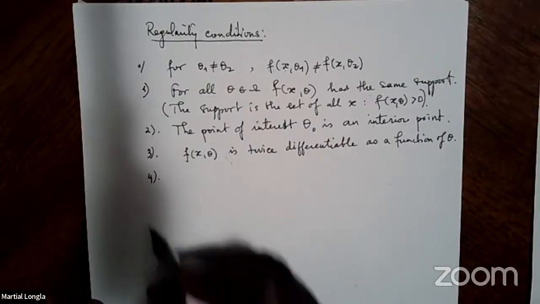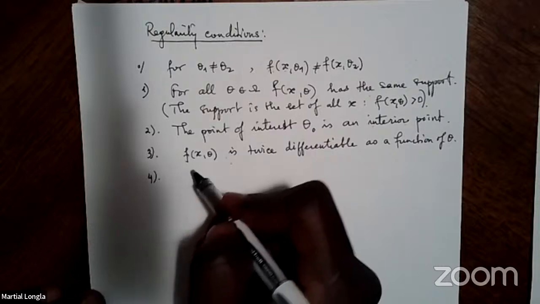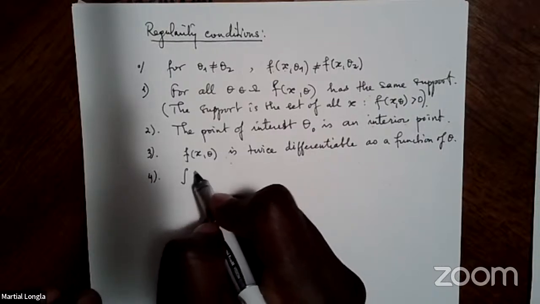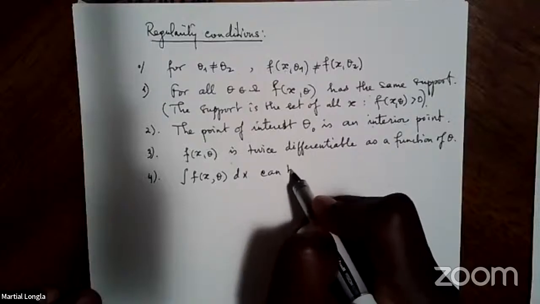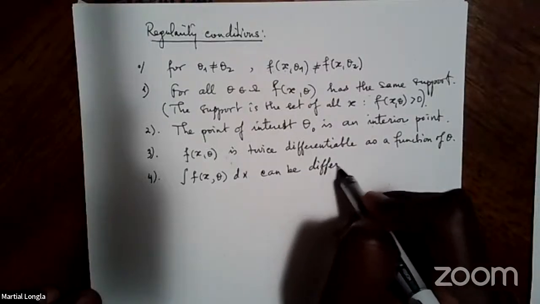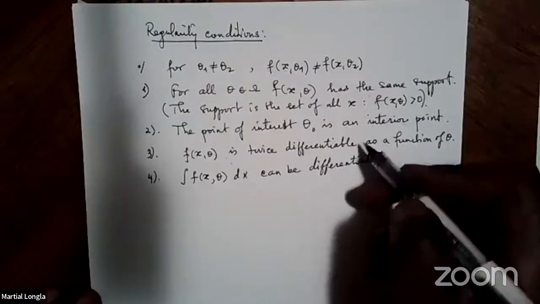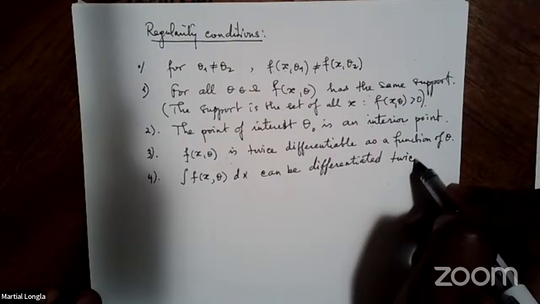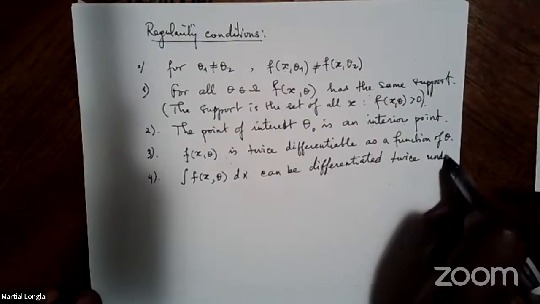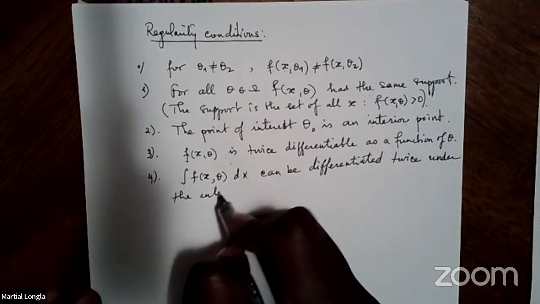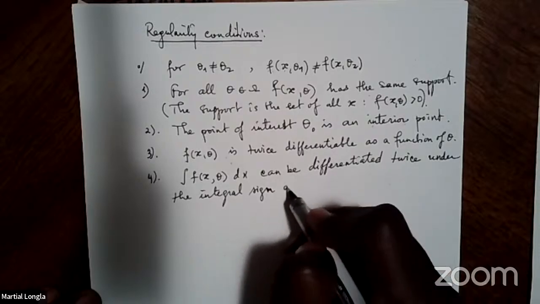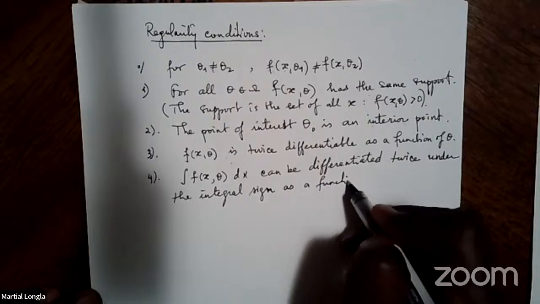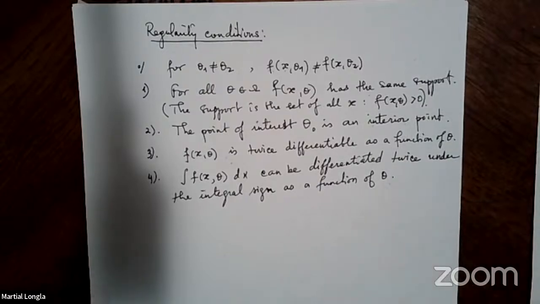And the last one being that the integral of f of x theta dx can be differentiated twice under the integral sign as a function of theta. And that's also the reason why.